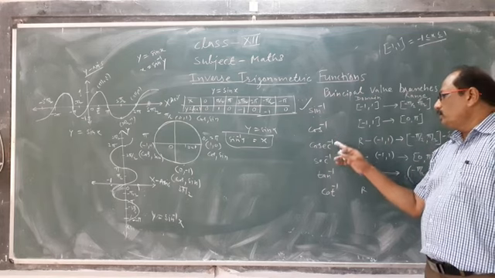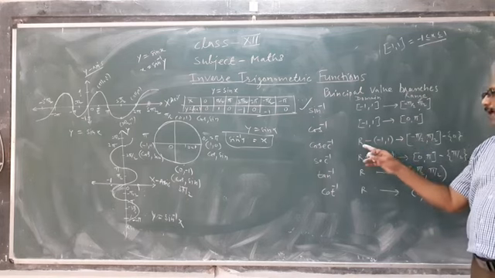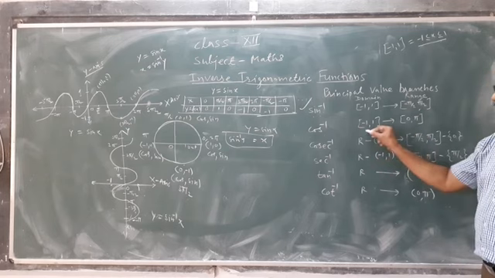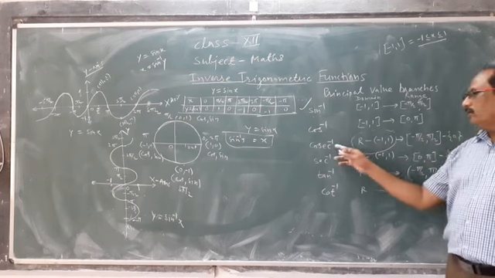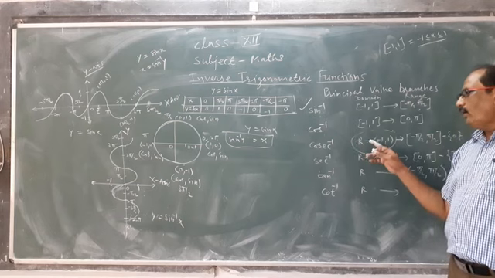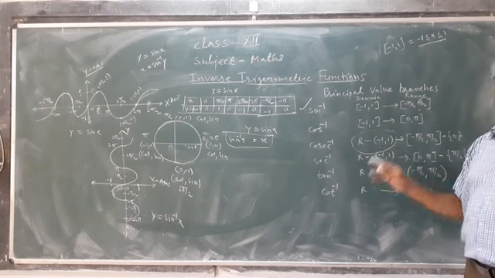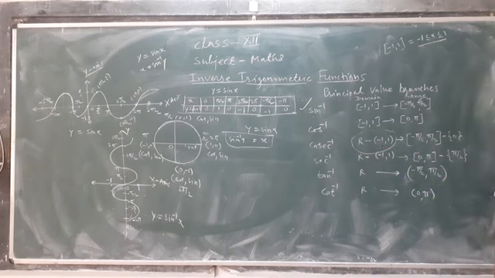Then cosec inverse: the domain is R minus (-1, 1). Why is it R minus (-1, 1)? Cosec inverse is defined on all real numbers except -1, 1. We cannot include -1, 1 because cosec means 1 upon sin in the denominator, and if it becomes 0, then it is not defined.